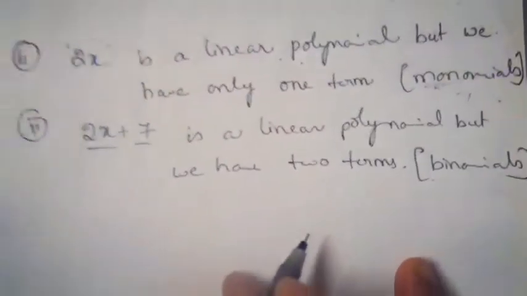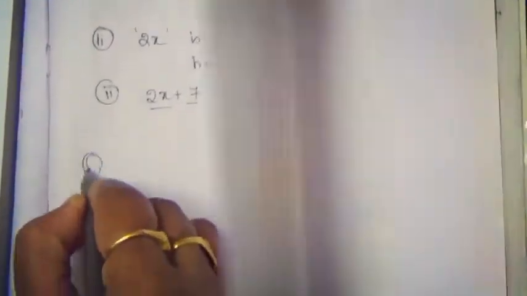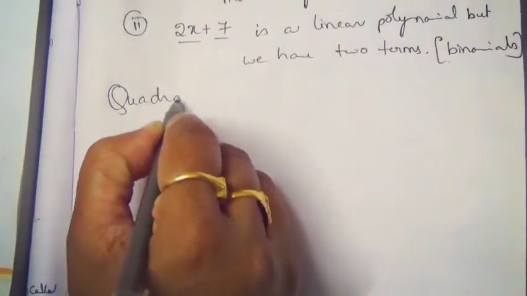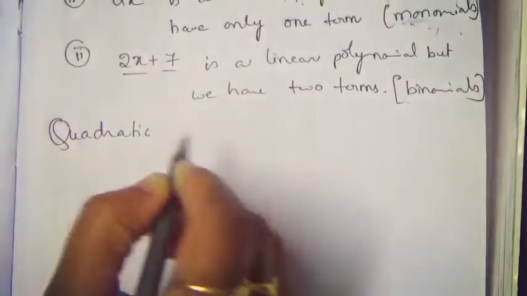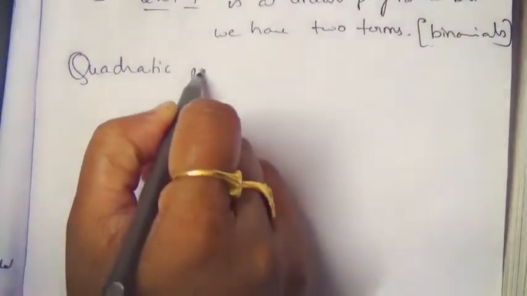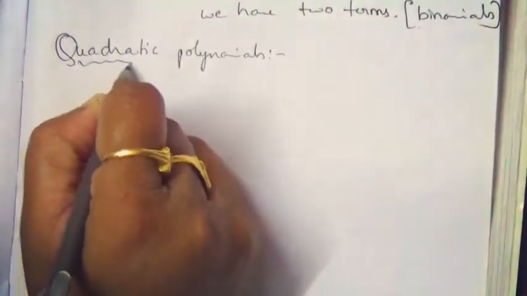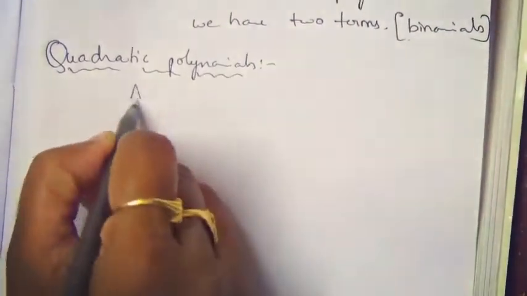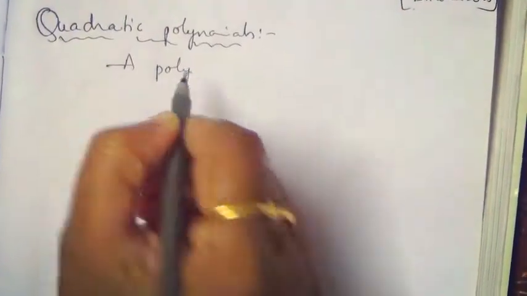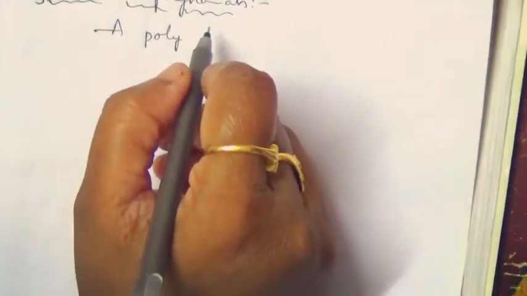Okay, next we have quadratic polynomials. A polynomial of degree 2 is called a quadratic polynomial.